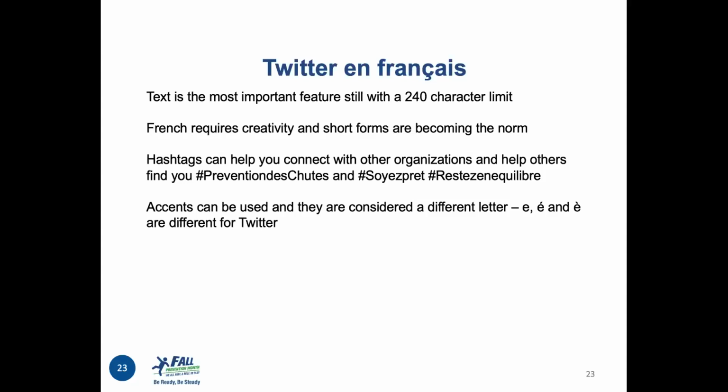The other really important thing to know about French and Twitter is that accents can be used, but they're considered different letters. So E with accent grave, U with accent aigu, those are all different for Twitter. So if you're searching for something and someone didn't use an accent, you may not find it.